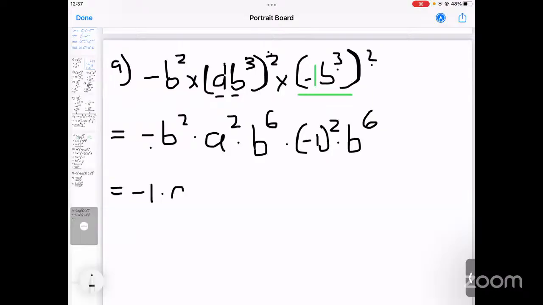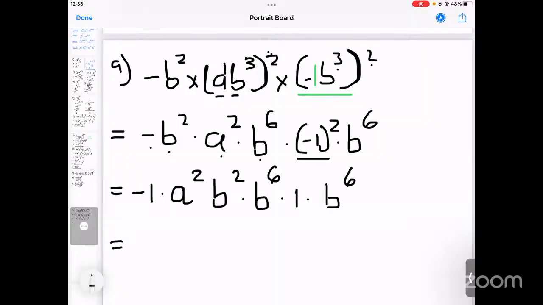Then you can say, okay, you have that negative invisible 1 there, which is going to multiply. And you can just say your a squared, and then you have your b squared, and then that is multiplying your b to the 6. What is this, Manahil? Is it -1 or is it 1? In brackets, -1 squared, what is it? It's 1. So that means you have 1 multiplying again b to the 6.